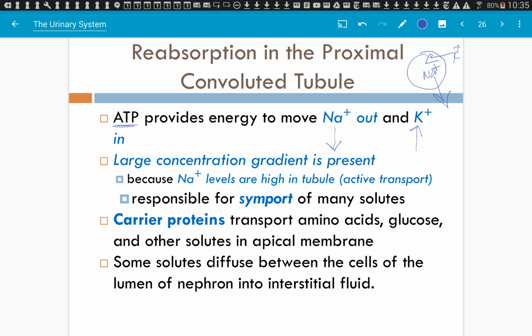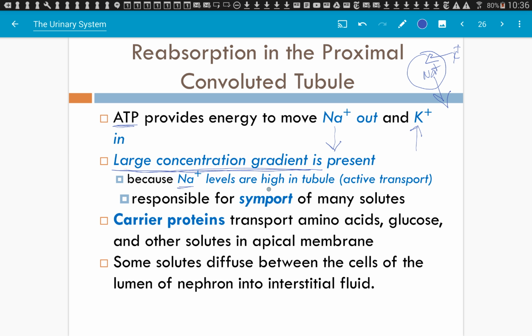Okay? And so we have a really large concentration gradient, and the concentration gradient that's set up in the kidney is very important, okay? Sodium levels play a very important role in this concentration gradient.